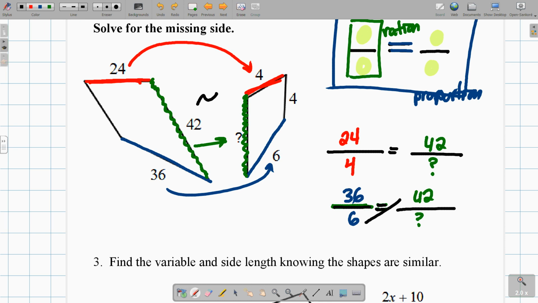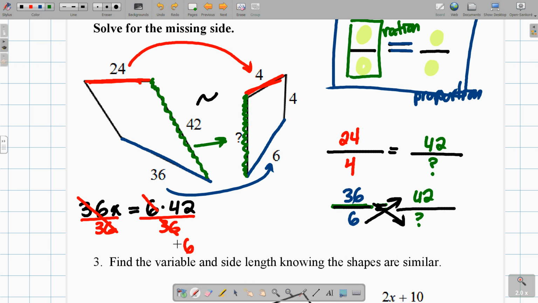All right, I'm going to use this bottom one. We're going to cross multiply. So I have 6. I'm going to change that to an x just to make it easy to work with. And then here, 36x. And this is 6 times 42. The key to multiplying is not to multiply. Notice I didn't actually multiply 6 times 42. Instead, I'm going to divide out the 36, and now I factor stuff out. 6 goes into 36 6 times.